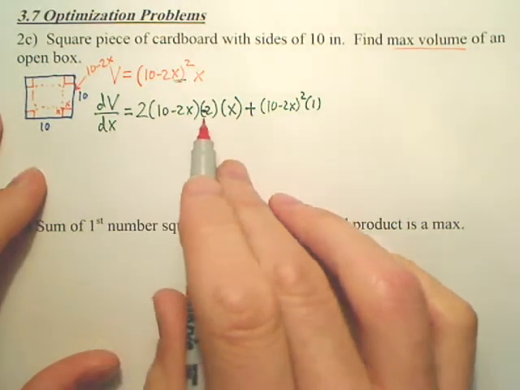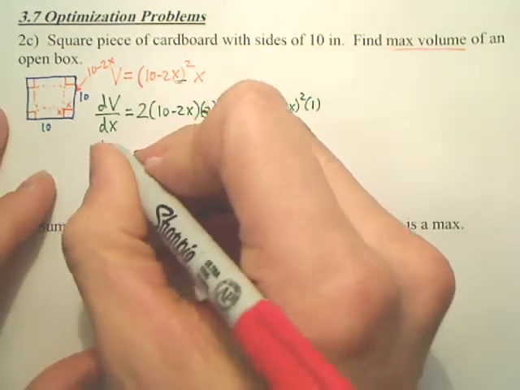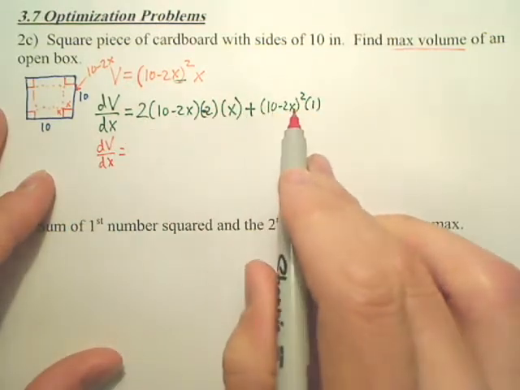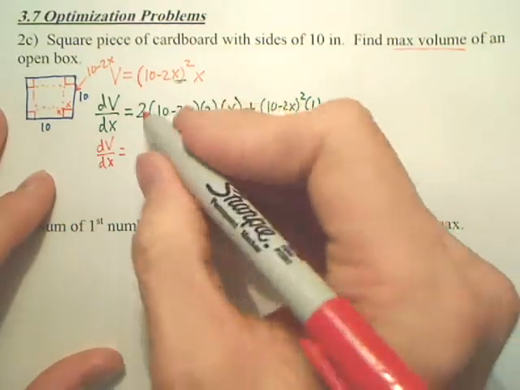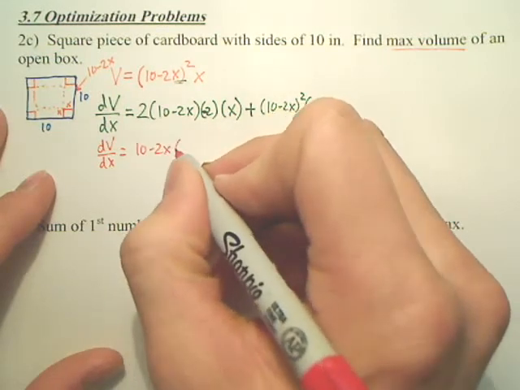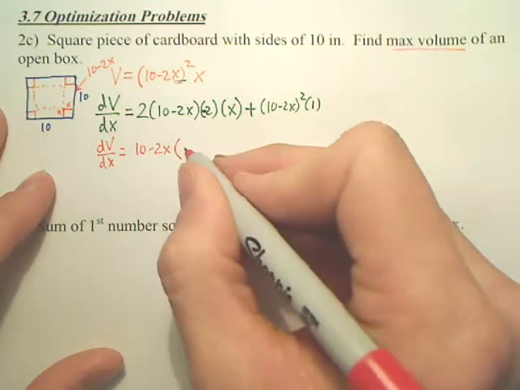Okay, before we set this equal to 0, this is the first derivative, dV/dx. Is there a GCF? Won't that be a lot easier if we pull out a 10 minus 2x? And then won't that leave us with, what, negative 4x? Looks like.